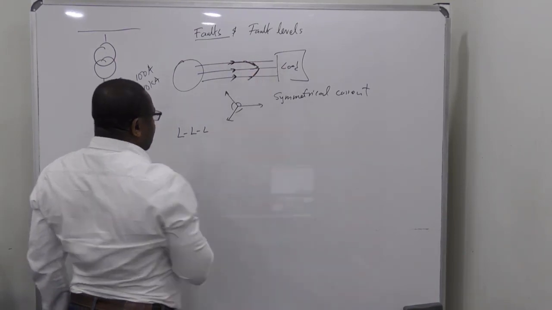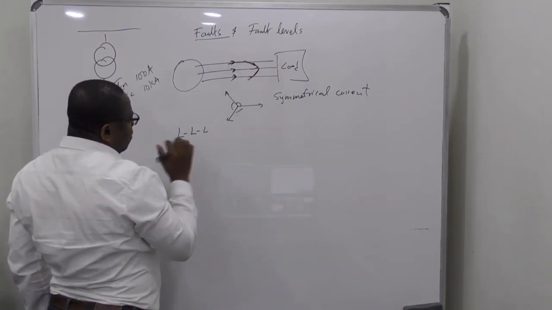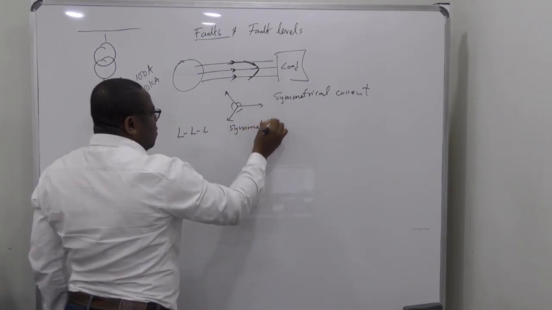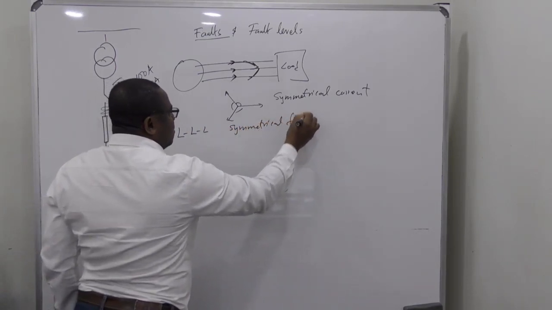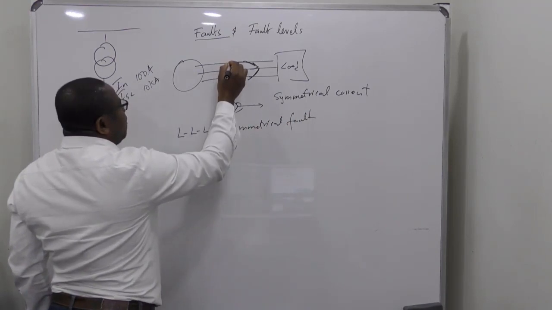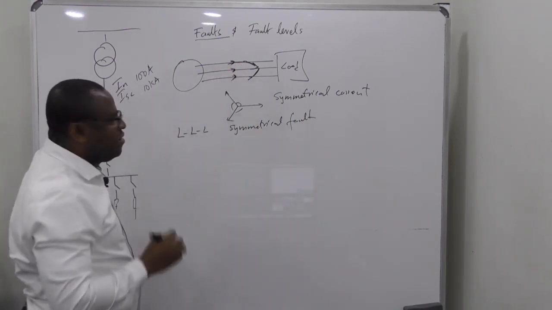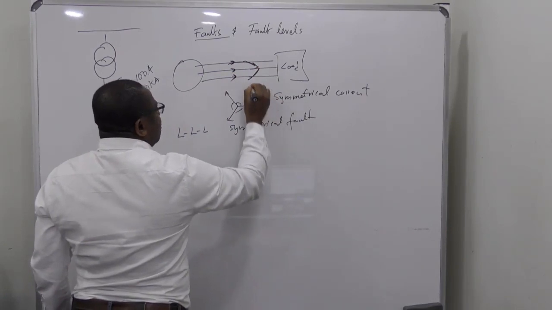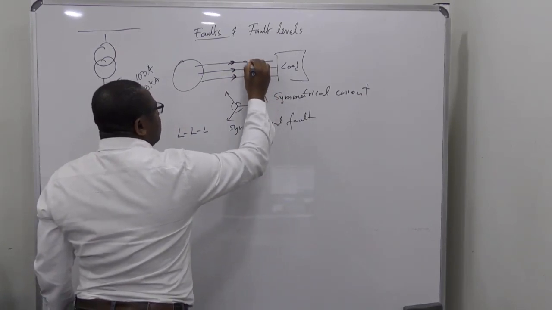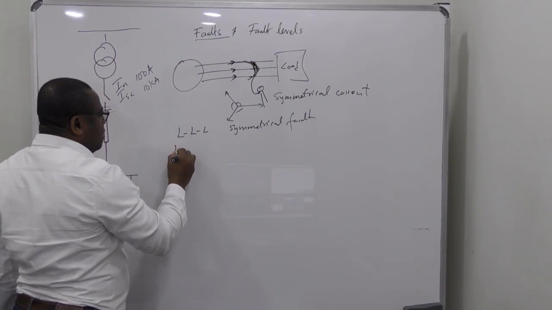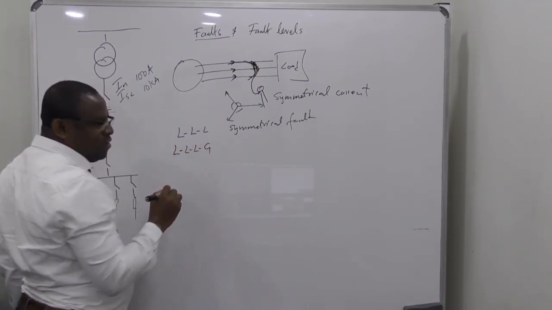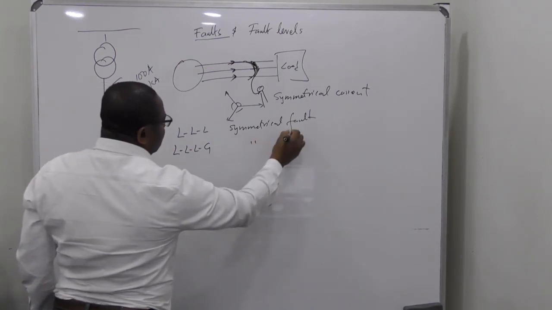This kind of fault, we said, is a symmetrical fault, because the current flowing through phase A, B, and C will be the same. Even if maybe the person is standing here at the ground and is holding this together, that is a line, line, line to ground fault. Then that is also a symmetrical fault.